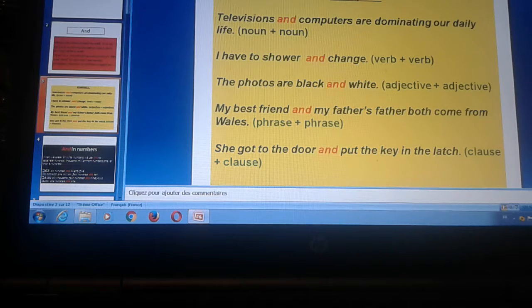Let's take the next example. I have to shower and change. So here and connects two verbs, to shower and to change.